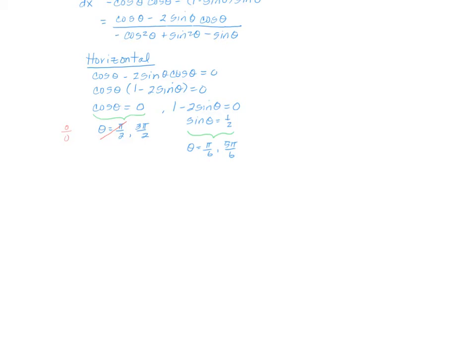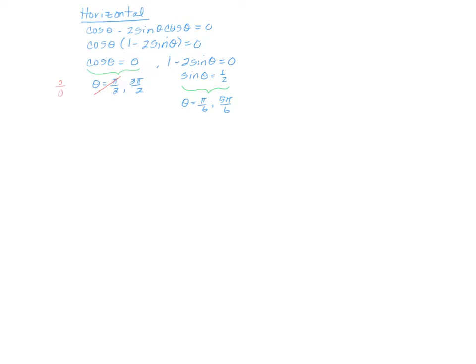For the other three theta values, they will correspond to points on my graph. So at 3 pi over 2, now I'm putting that back into my function because I'm trying to find a point on my function r at which we have a horizontal tangent line. So if you put 3 pi over 2 back into your r function, you'll get the point 2 comma 3 pi over 2. So that's where there's a horizontal tangent line.